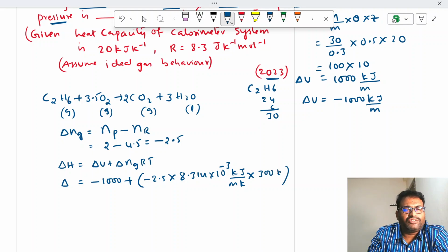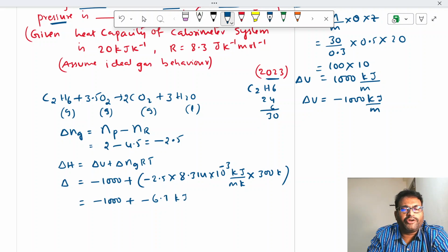Then if you calculate minus 1000 plus minus 6.2 approximately, here it is also kilojoule, delta H will be equal to minus 1006 kilojoule per mole.